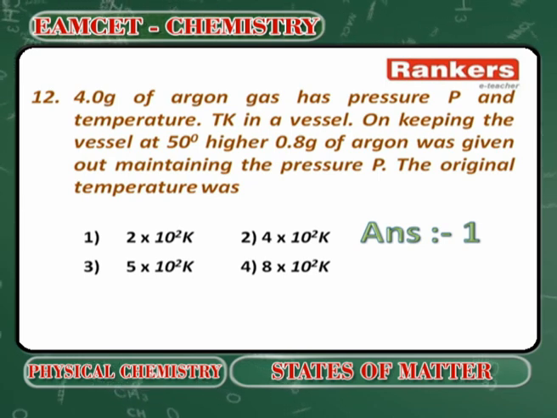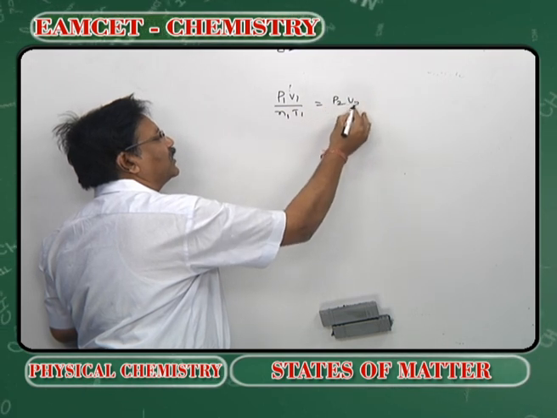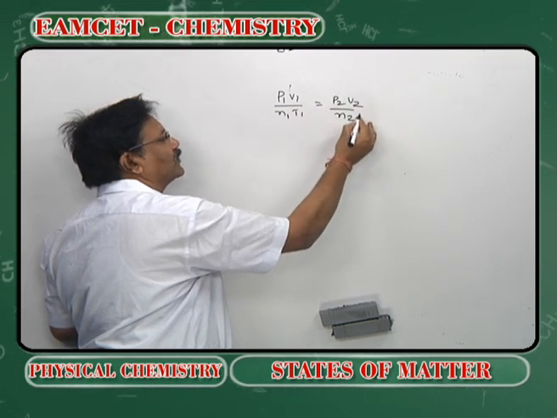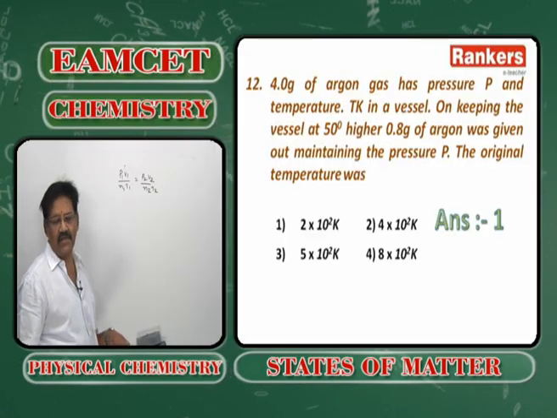Next question. What is the equation of state? P1V1 by N1T1 is equal to P2V2 by N2T2. What they have said is that pressure is maintained constant.